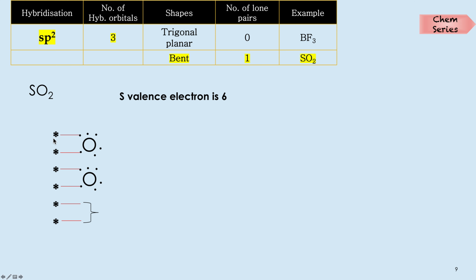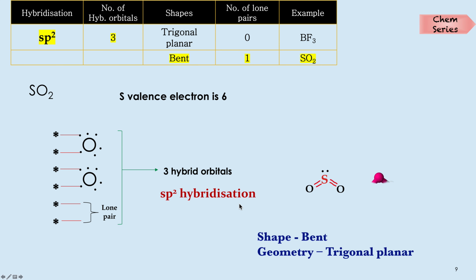So 4 valence electrons of sulfur are being used for the bond formation with the 2 oxygens, and 2 valence electrons remain, which will be the lone pair present on the sulfur. So totally there are 3 hybrid orbitals, sp2 hybridization. Your shape will be bent, but the geometry will be trigonal planar. So this is your 3D view.